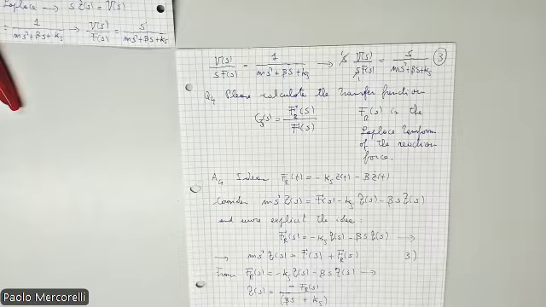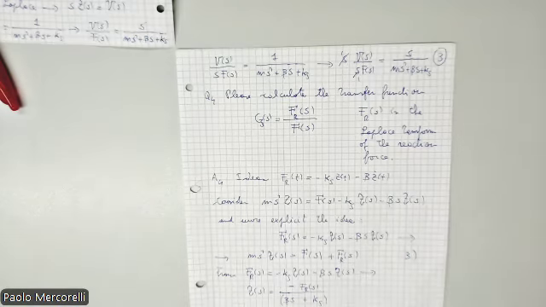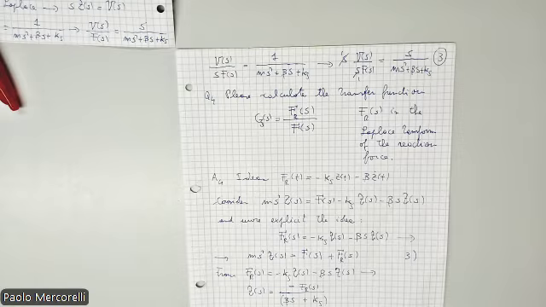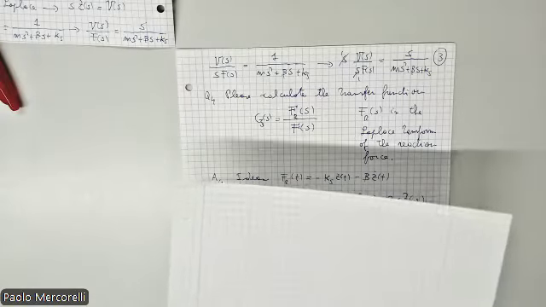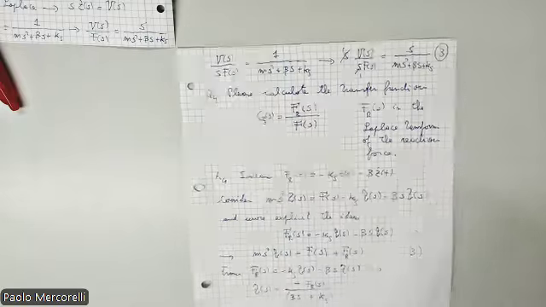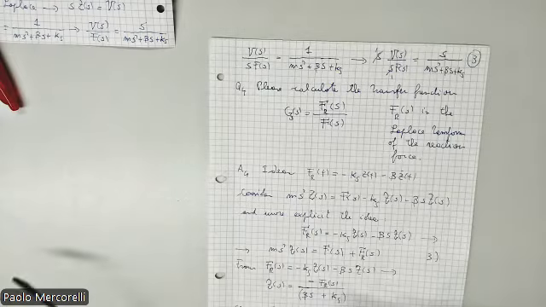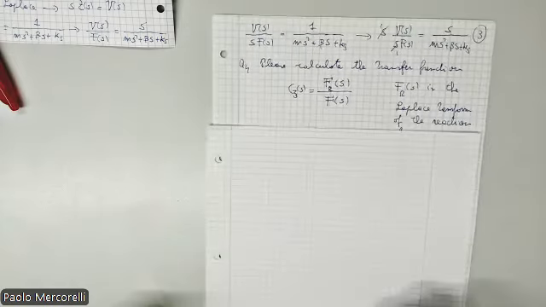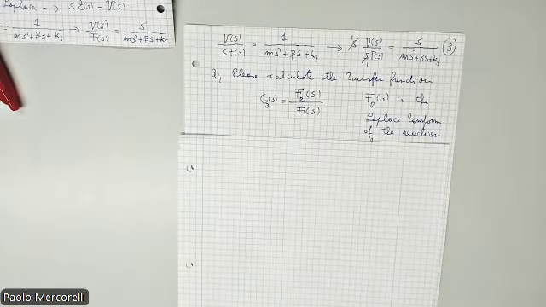Typically we use it for the forced answer. The reason is that in automation, very often we are working in steady state. In control systems, we are considering both.